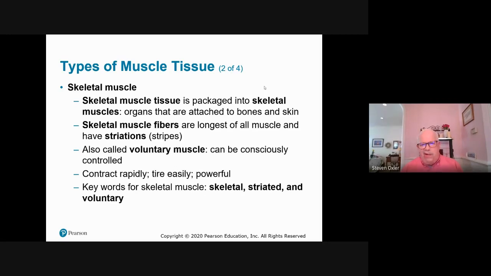And the word voluntary, as you know, means they can be consciously controlled. So our brain can control these muscles. All skeletal muscle is controlled by our brain. They contract rapidly, they easily tire, and they're very powerful. So the key words you should know about skeletal muscle is that they are striated and voluntary.